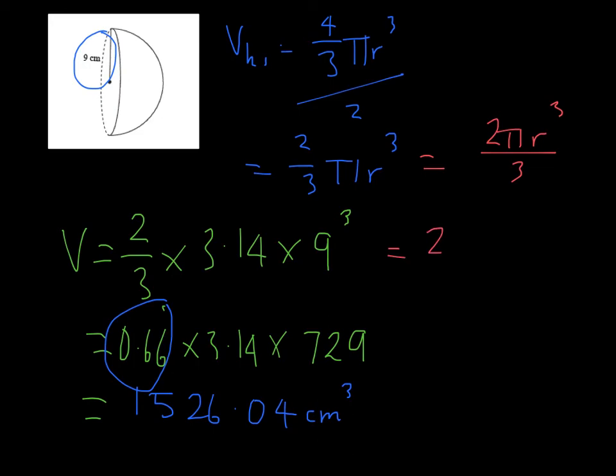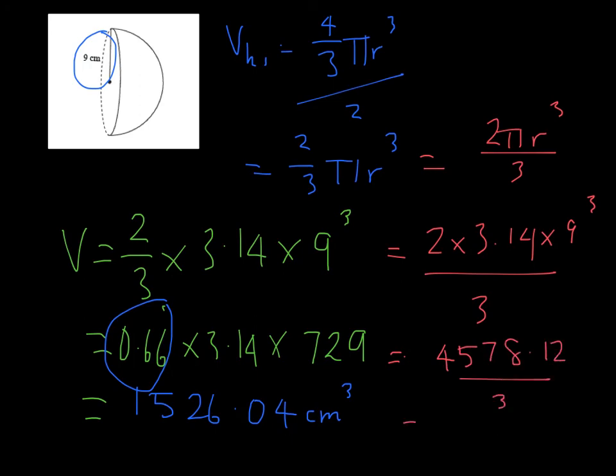So it would have been 2 times pi times the radius cubed, all divided by 3, which would be equal to 2 times 3.14 times 9 times 9 times 9, which is 4,578.12, divided by 3 will give us the answer of 1,526.04 centimeters cubed.